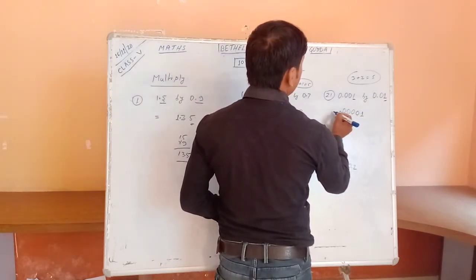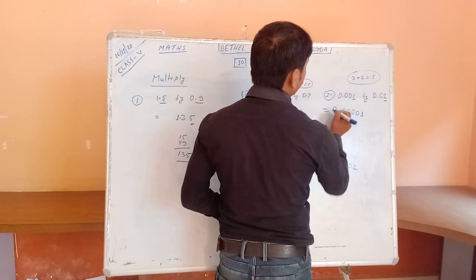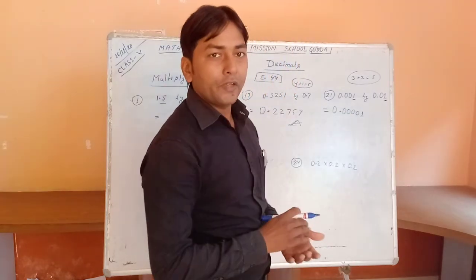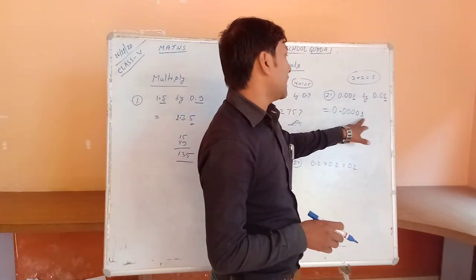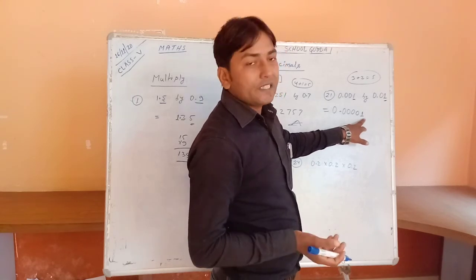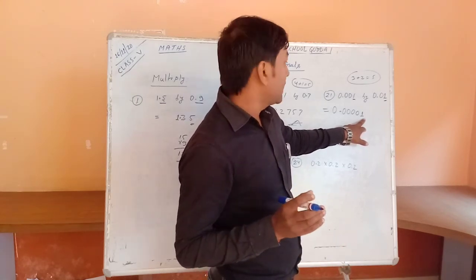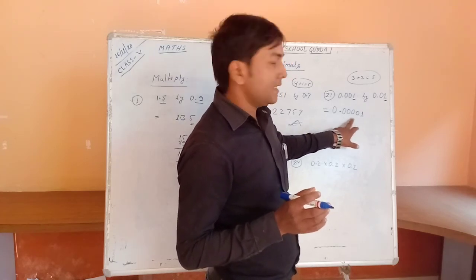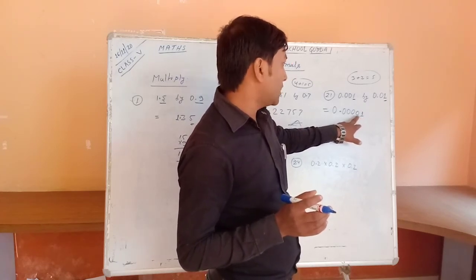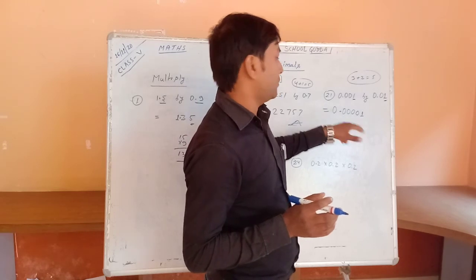So now put the decimal. If you don't have extra digits, you have to put the 0. Okay, and make 5 places. After putting the 0s, 1, 2, 3, 4, 5 and put decimal.